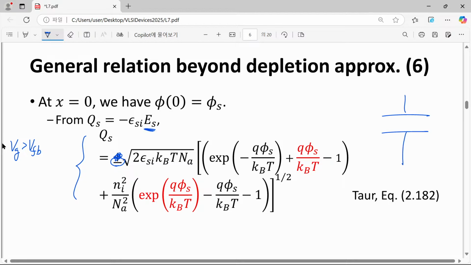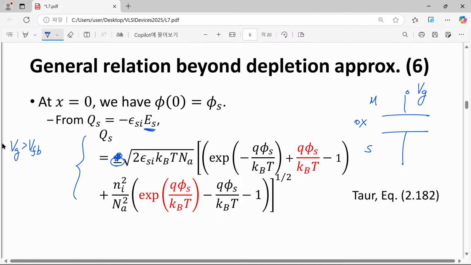Now we have this oxide region, and here we have a metal and semiconductor, and I am assuming that the gate voltage is sufficiently high, and I'm saying that the charge collected in the semiconductor region is negatively charged. Is it true, and is it consistent with your understanding?